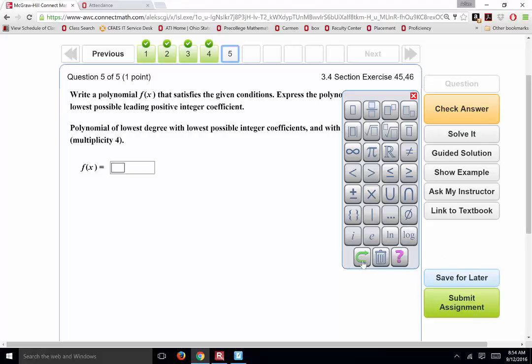Let's clean it. Was this right? Yeah, it's minus 8. Okay, hold on. Oh, that one's right.